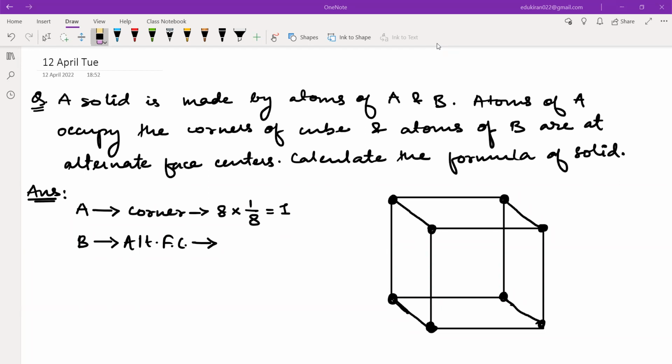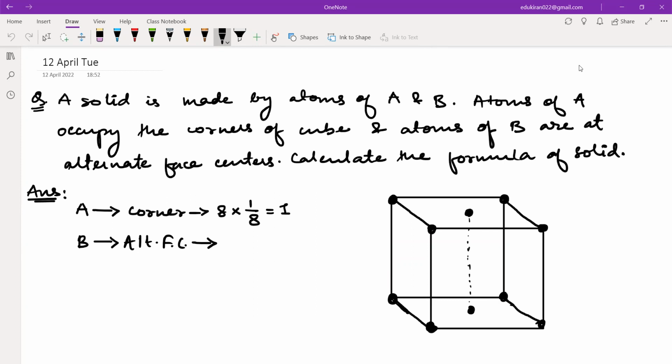That means if I have put an atom on the ceiling, then I cannot put atoms on any of the 4 walls. That means the only choice I have left is the floor. So if I have put an atom on the ceiling, then I can only put an atom on the floor. Okay, that means alternate face center.